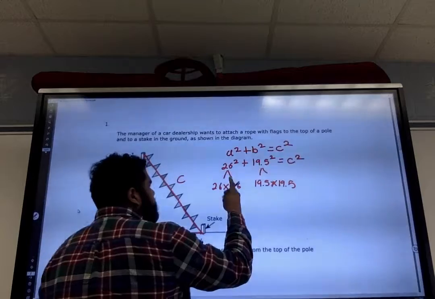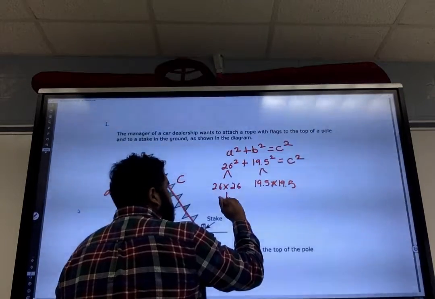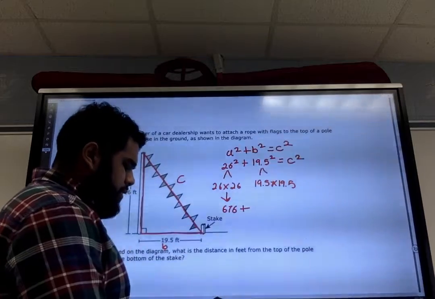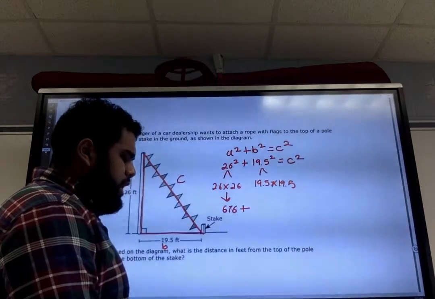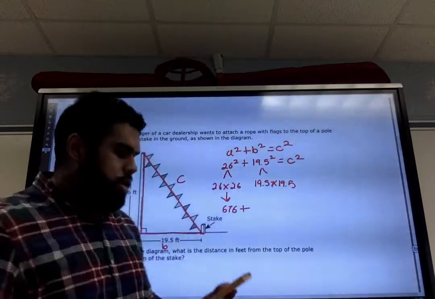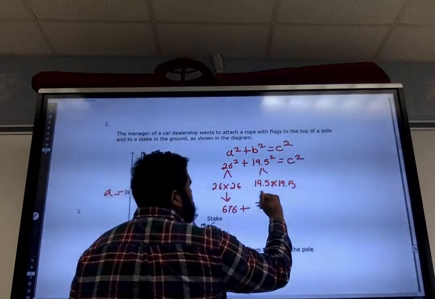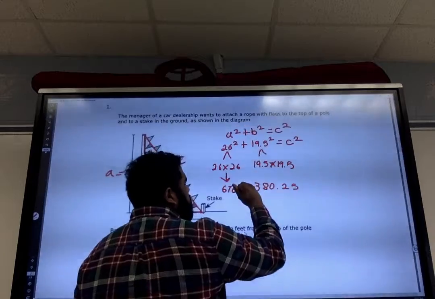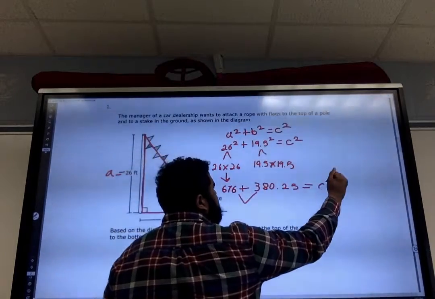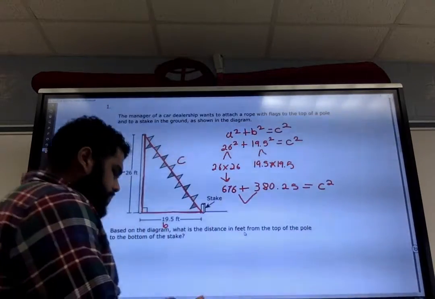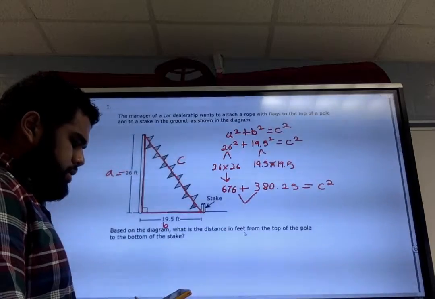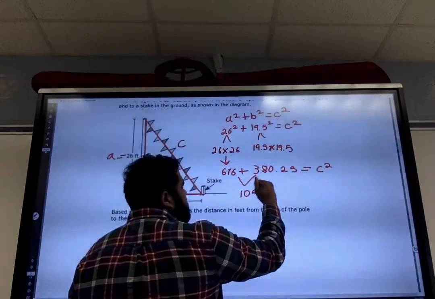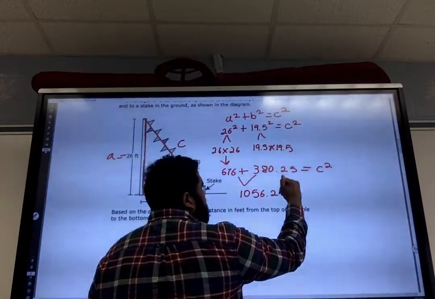That equals 676 plus 19.5 times 19.5, or 19.5 squared, is going to get you 380.25. So when I add these two together, remember this is going to equal C squared. I'll get 1,056.25.